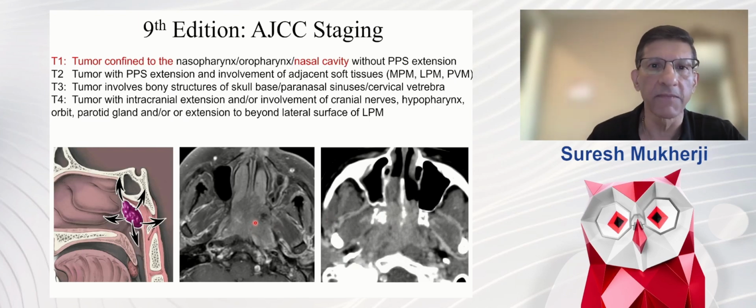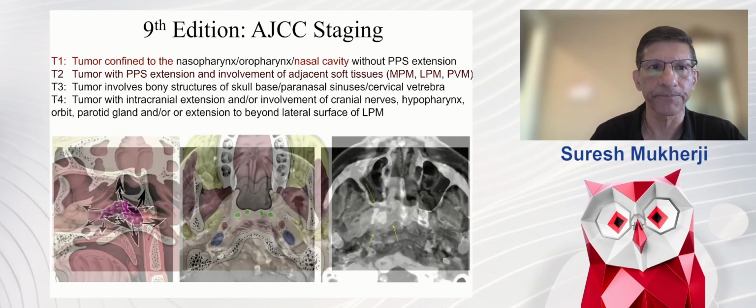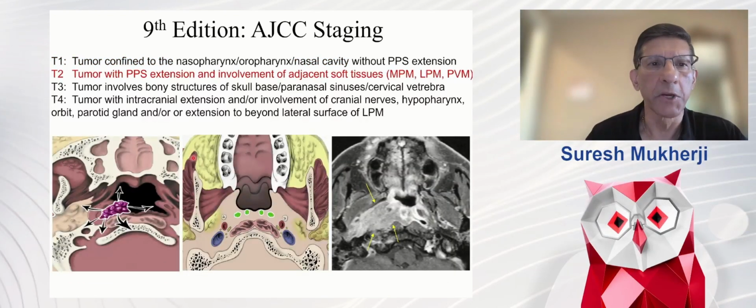So if in the visceral space, it involves the nasopharynx or the oropharynx or the nasal cavity, this is still considered a T1 lesion. Now, if you have a tumor that extends through the pharyngobasilar fascia and extends into the parapharyngeal space and can involve either the medial margins of the pterygoid muscles or involves the prevertebral muscles, this is still considered a T2 lesion.